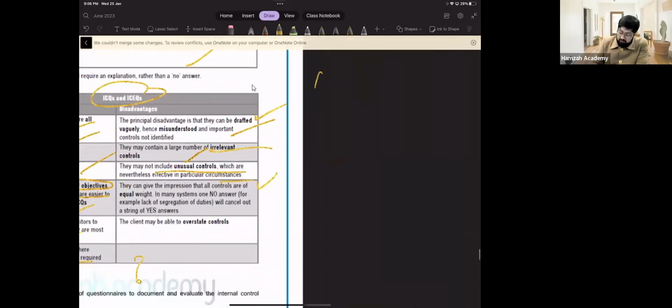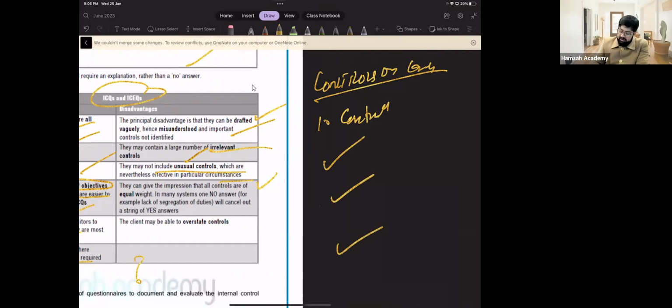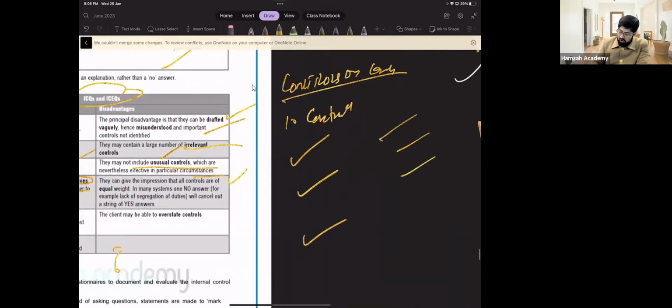We are checking the controls on cash. There are, for example, 10 controls. Security guard is there, camera is there, cashier is there, and so on. But what happens? There is one control that at night cash is sometimes with the security guard, in personal possession.